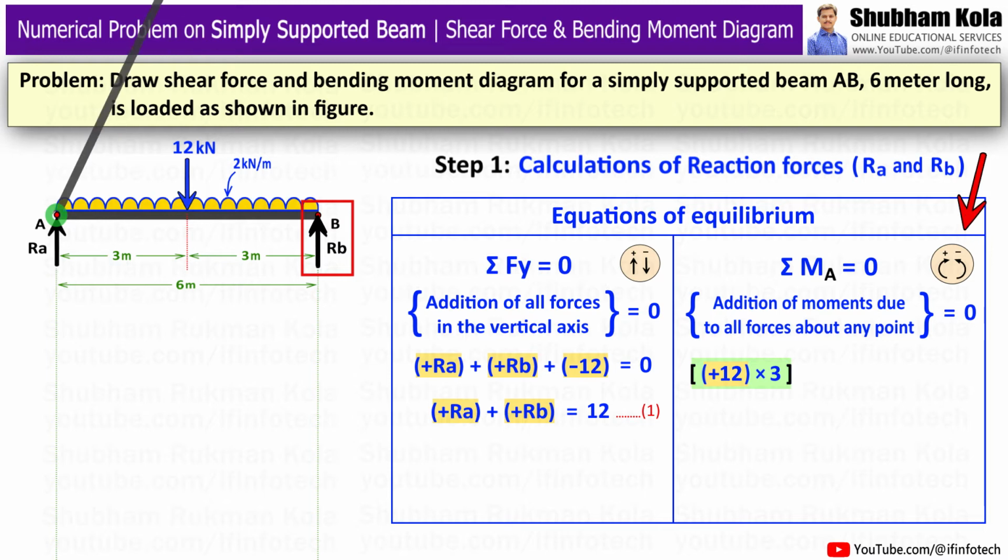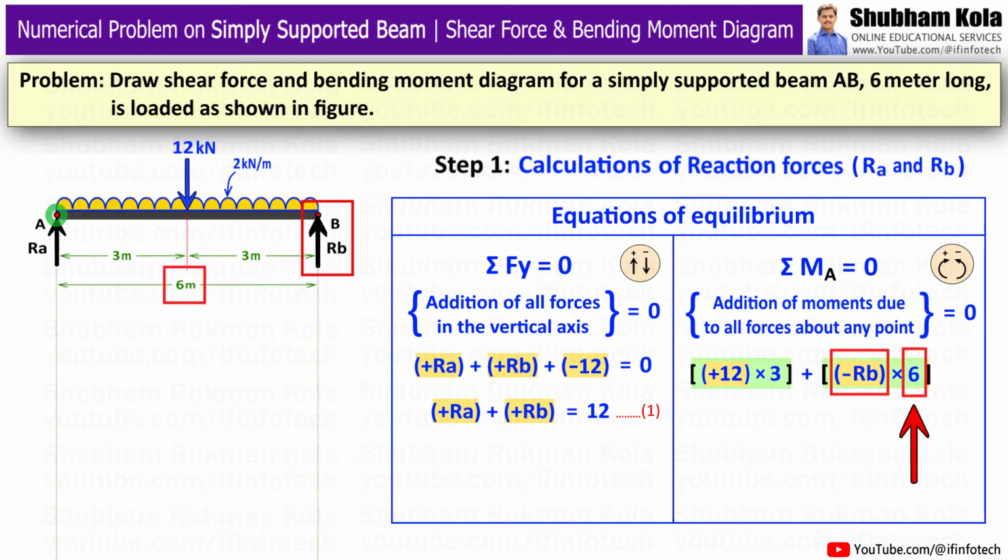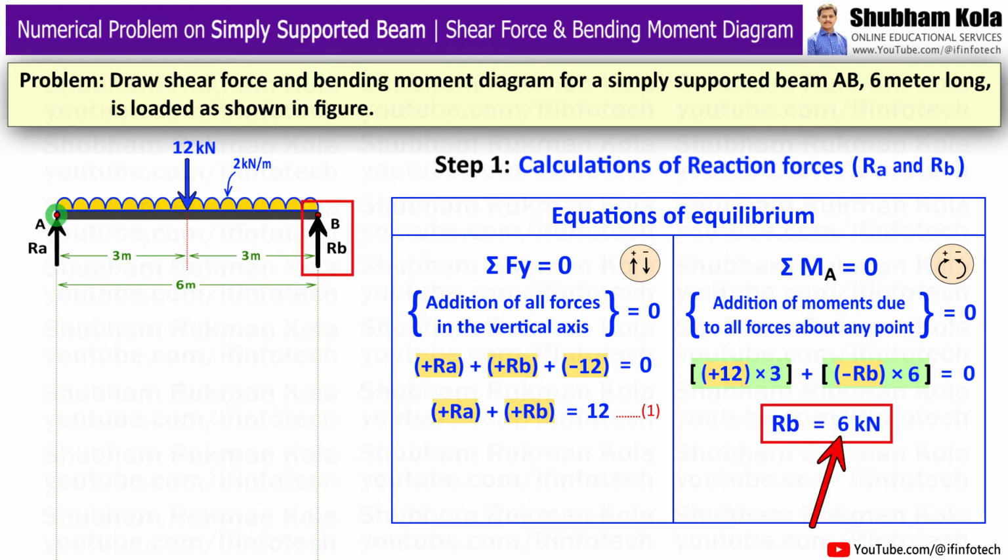So as per the sign convention, for anticlockwise moment, I will add this force with negative sign. And as decided, moment is force into distance from fixed point. So here minus RB is the force into 6 meter is the distance from fixed point. So these are the moments. Therefore, by calculating, we get the value of reaction force RB as 6 kN.